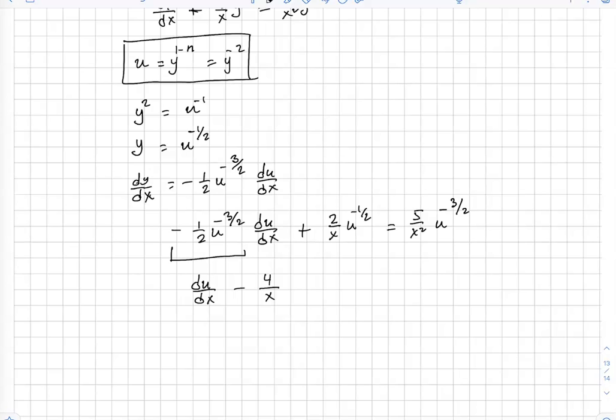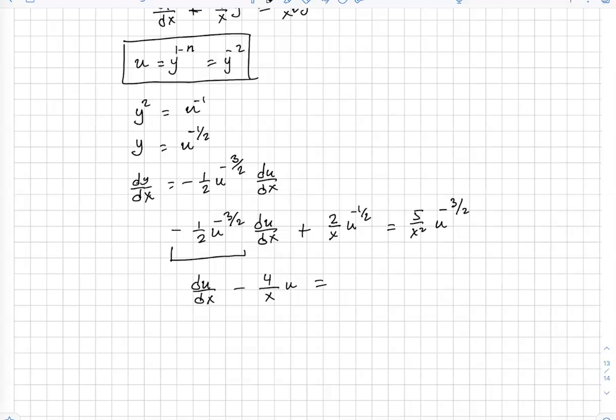Now you are going to divide u to the minus half by u to the minus 3 over 2. So division means now here will be a subtraction. So minus half minus 3 over 2 would be u to the power 1.